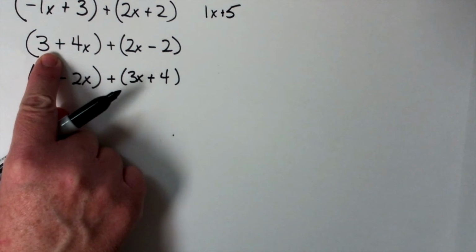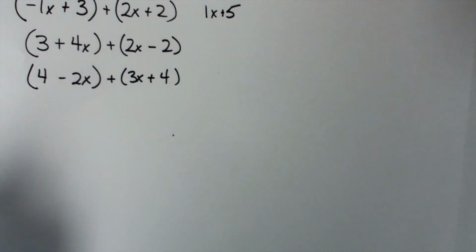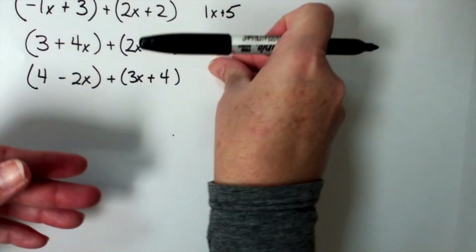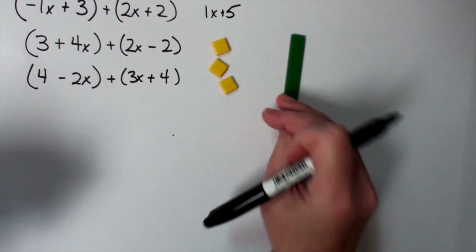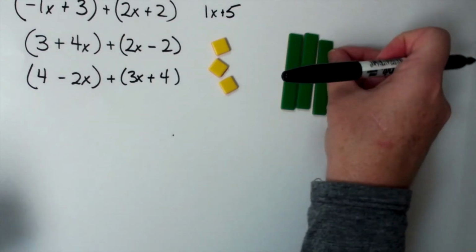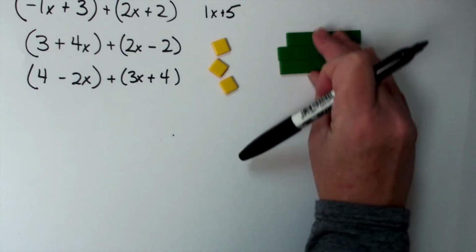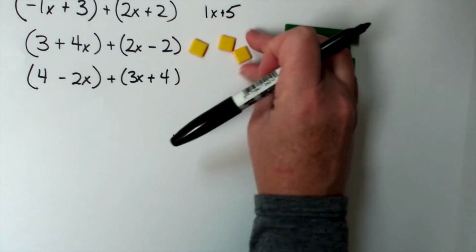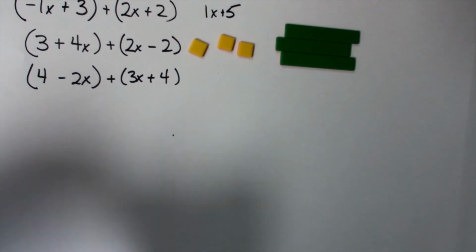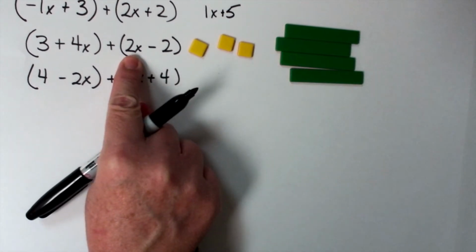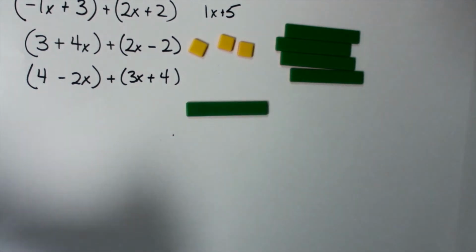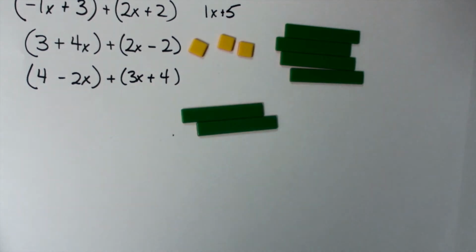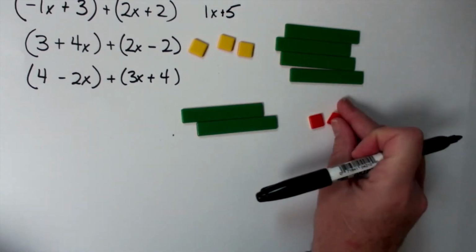Let's do 3x, or 3 in this case. Sorry, I said 3x. This is 3, so let's do 3 plus 4x, and these are positive. I'll line them up this way. So I have my 3 plus 4, and then my second group I have 2x subtract 2, which is going to be negative.